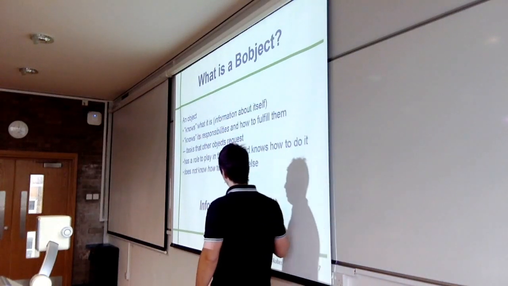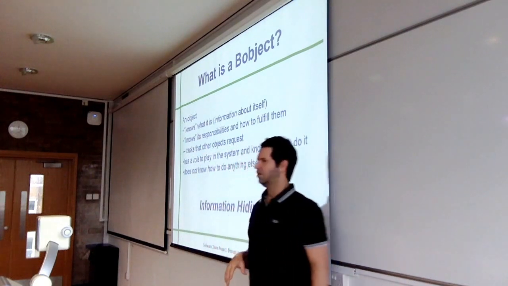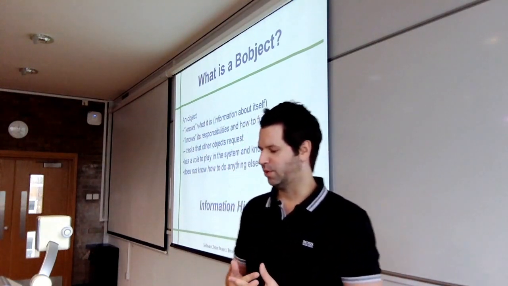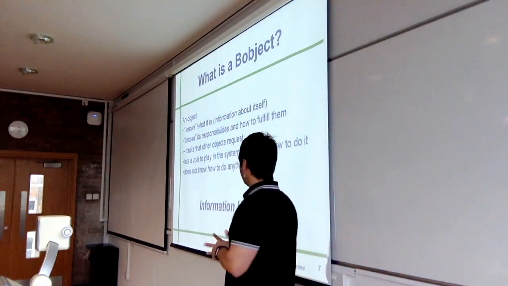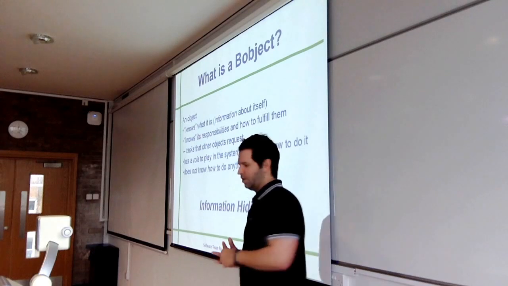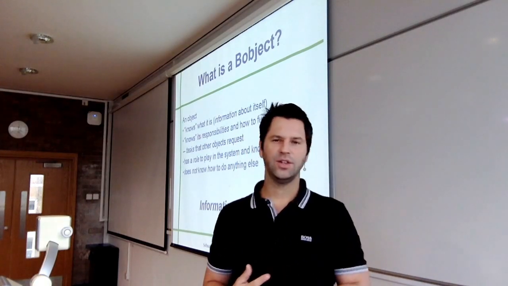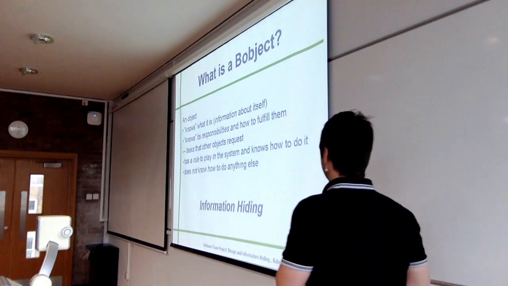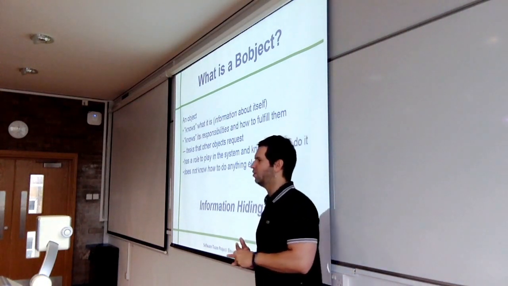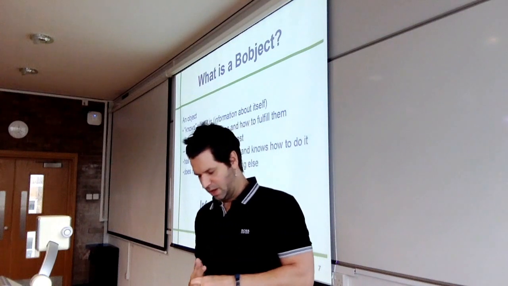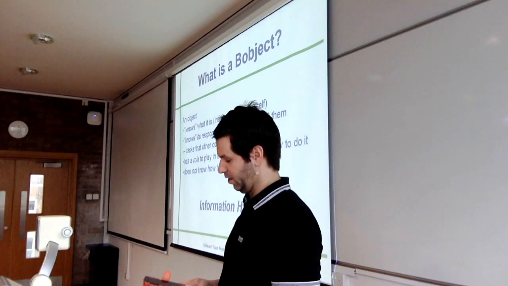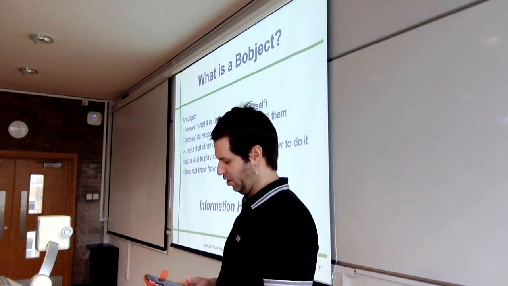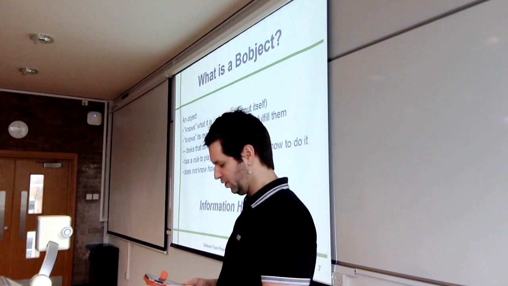So the whole idea behind object-oriented methodology, one of the main principles, is information hiding. You can think of other analogies. I'll use a lot of analogies during this software design. You can think of your phone as an object. It's a very complicated object now, but all you see is the button to unlock the screen.